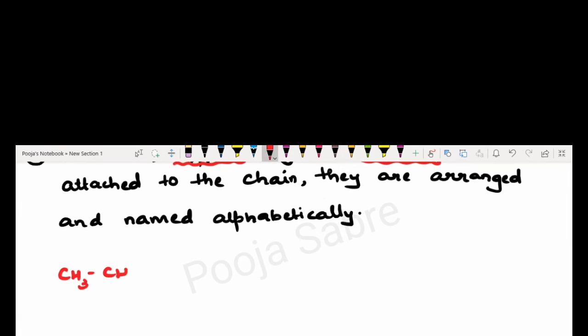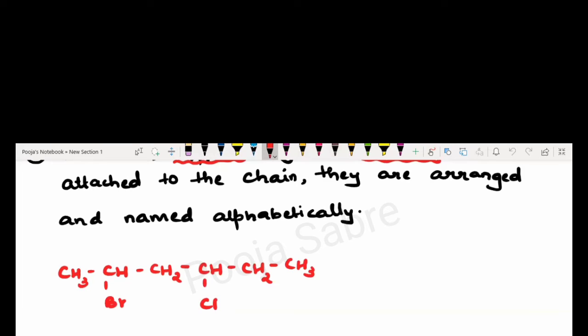CH3, CH, Br, CH2, CH, Cl, CH2, and CH3. Now, I hope everyone is clear with the previous rules. Let us apply all the rules and try to name the prefix. So in this case, I'm going to number it from left to right.